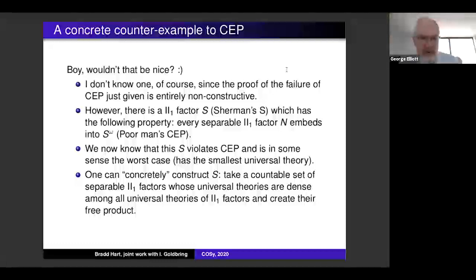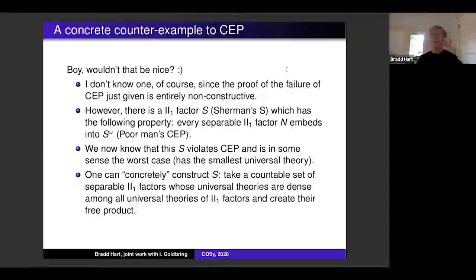Is there just one S, or is Sherman's S, for some reason, are they all the same? No. You can find lots of. There's nothing wrong. So if you look at the construction that I gave you there, you could throw any extraneous amount of stuff in, add it as a free factor.